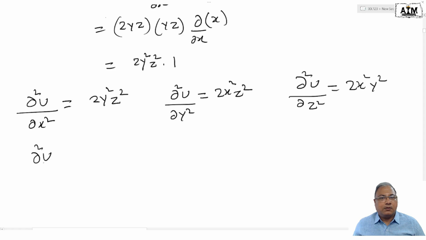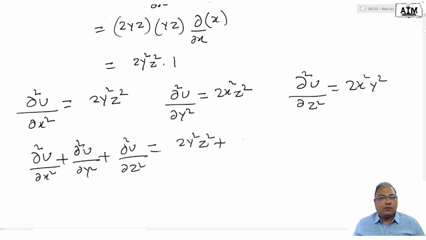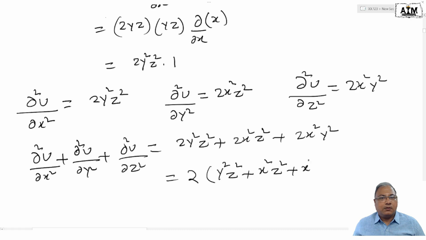Therefore, del 2u by del x2 plus del 2u by del y2 plus del 2u by del z2 equals 2y square z square plus 2x square z square plus 2x square y square. Taking 2 common, we get 2 times y square z square plus x square z square plus x square y square, which is the required solution.